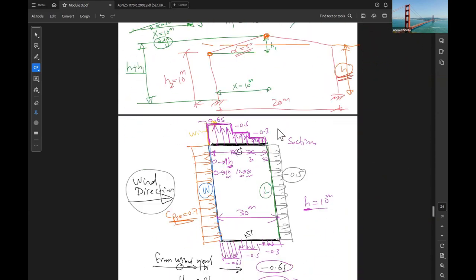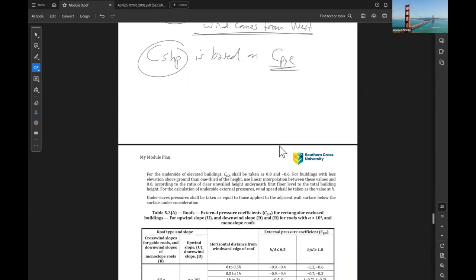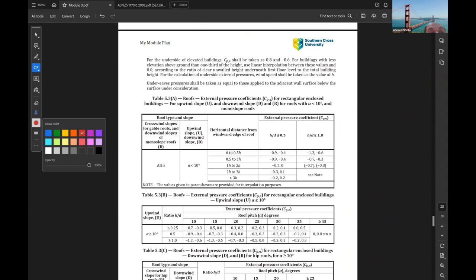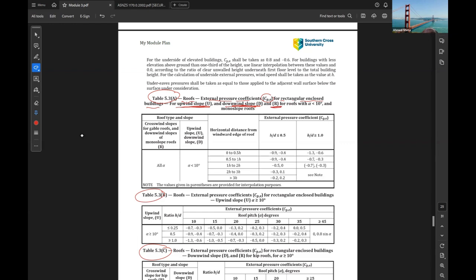Okay, so now this is for the walls, and how about the roofs? The roofs will be found using Table 5.3a, b and c. Table 5.3a is for roof external pressure CPE for a rectangular enclosed building, for upwind, downwind and crosswind roofs where the slope is less than 10 degrees.